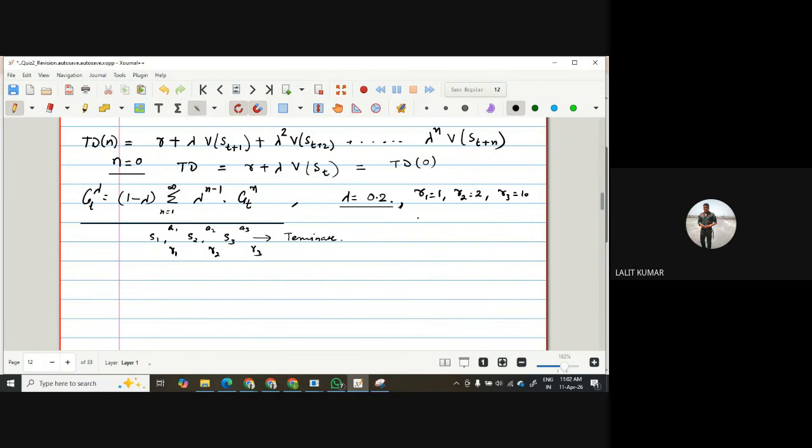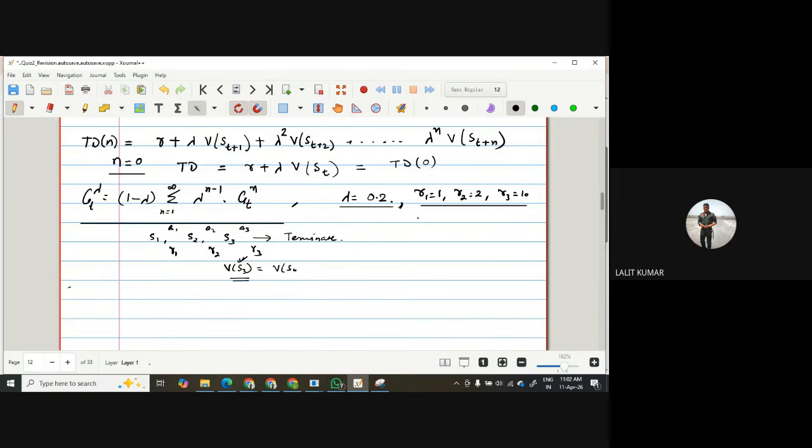Though this formula says it goes up to infinity, when we reach a terminal state, all future values, G4, G5, G6 up to infinity, will be equal to the last one, G3. That is very, very important.